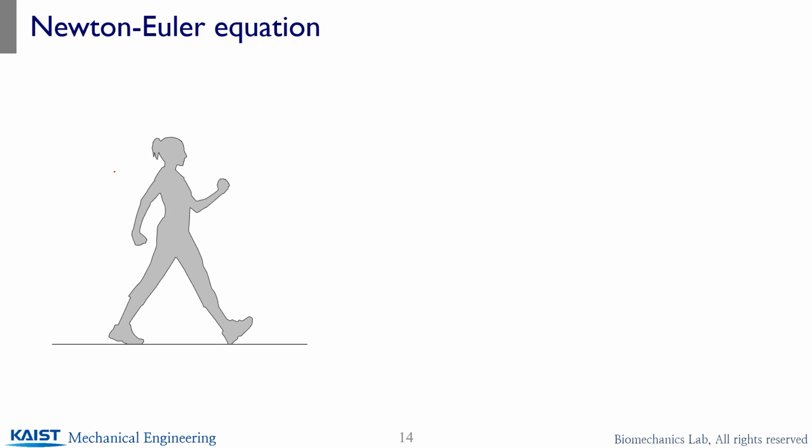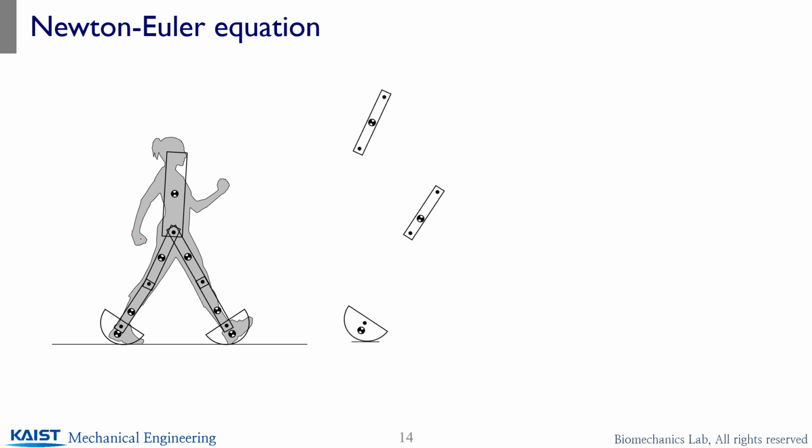Okay, so with that, let's obtain the Newton-Euler equation for the human body in the walking case. When you have a double support phase structure, it looks like many rigid body components can be used to model the human walking posture. To draw the free body diagram, the first step is to free the body, right? You should detach the body from the environment or adjacent body segments. Suppose this is the foot, this is the shank, and this is the thigh.